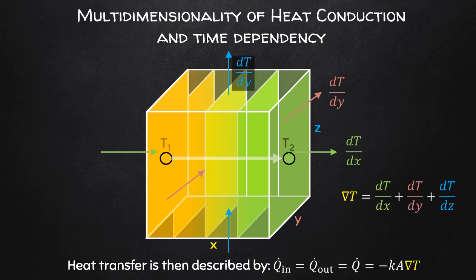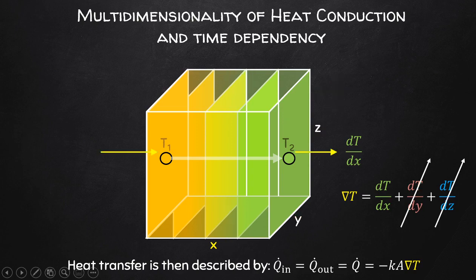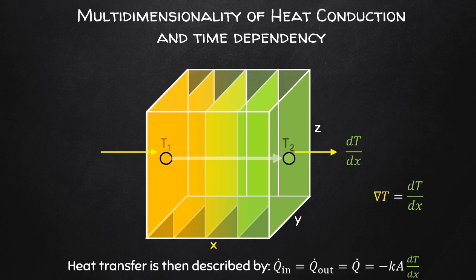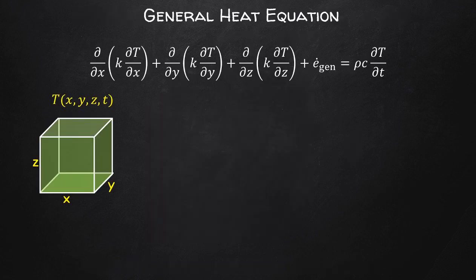So we consider all of this, and in this case of heat transfer as shown here, we know that the temperature gradients in the y and z directions are 0, and so our nabla T simply becomes dT/dx.